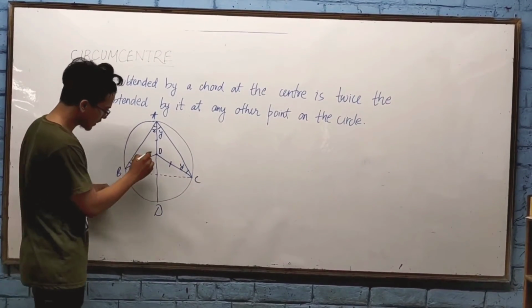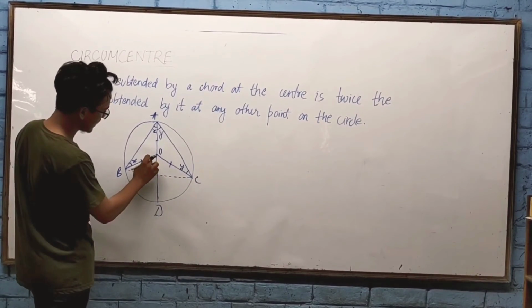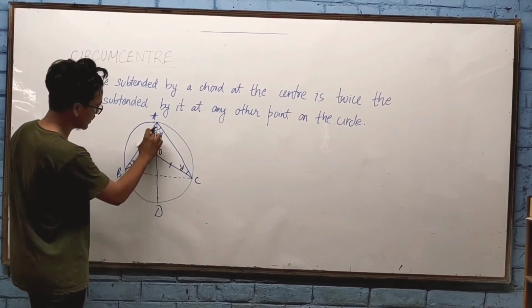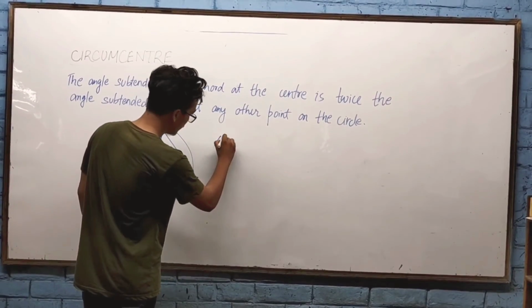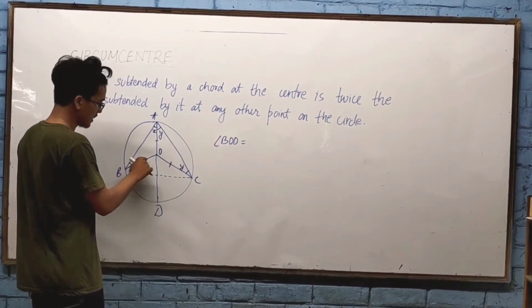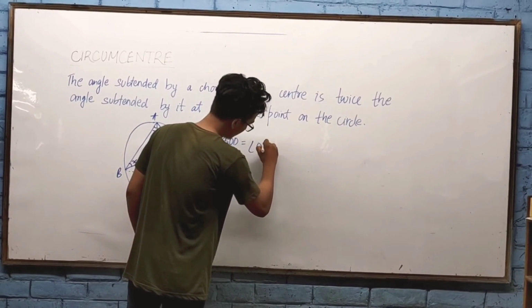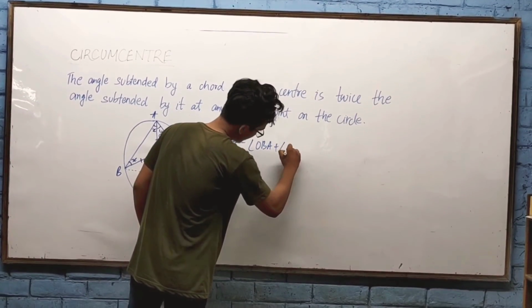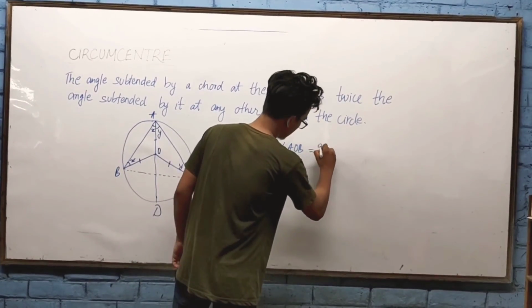Now moving on, we can see angle BOD is actually the external angle in case of triangle OAB. So angle BOD equals angle OBA plus angle AOB, which is actually 2x.